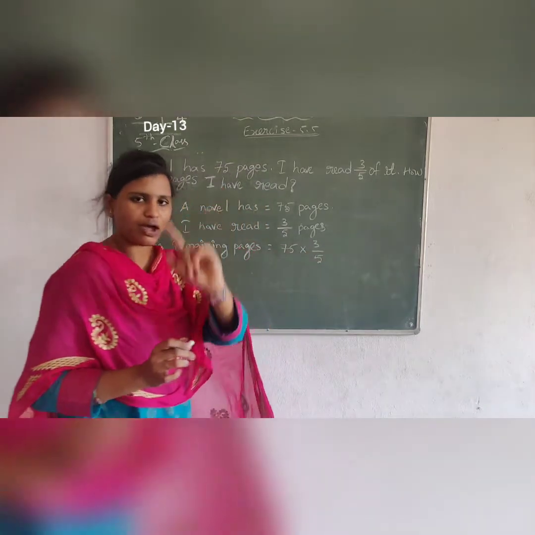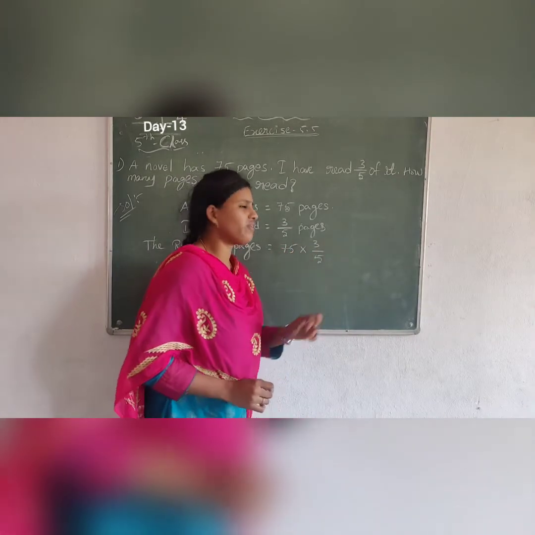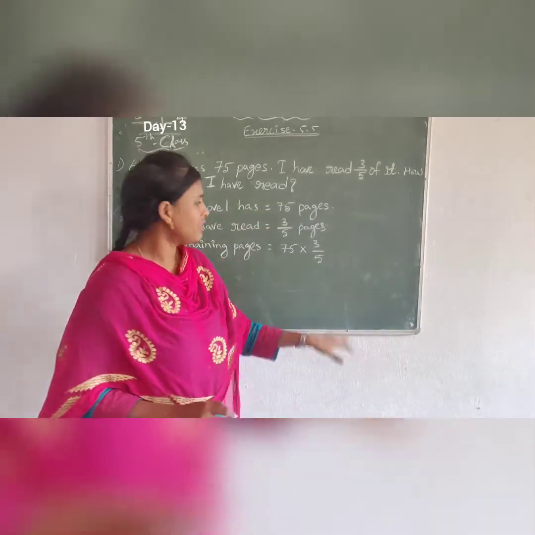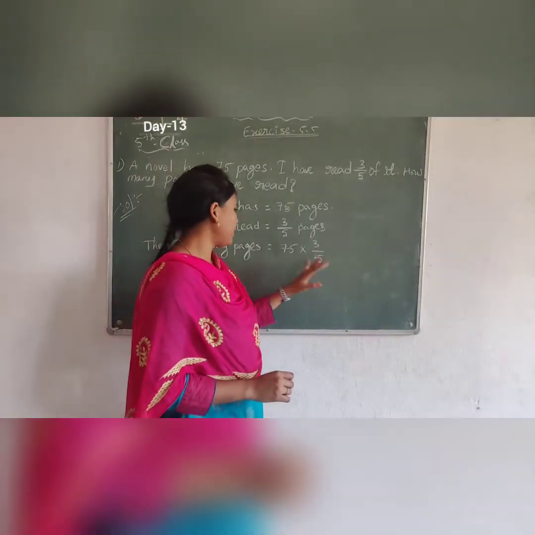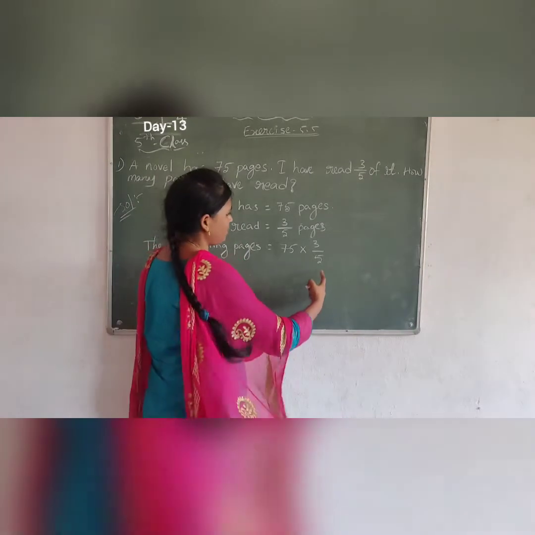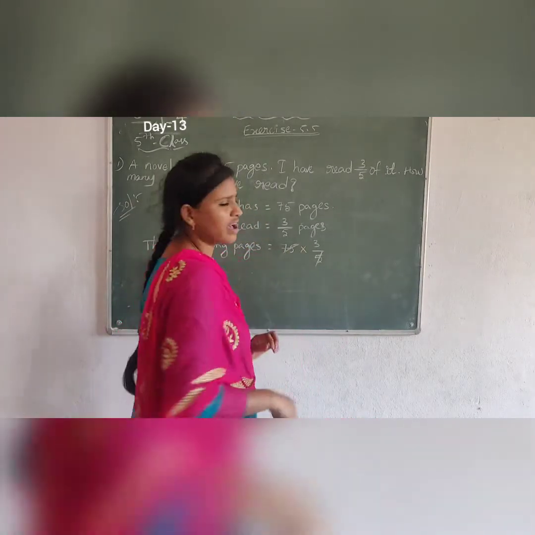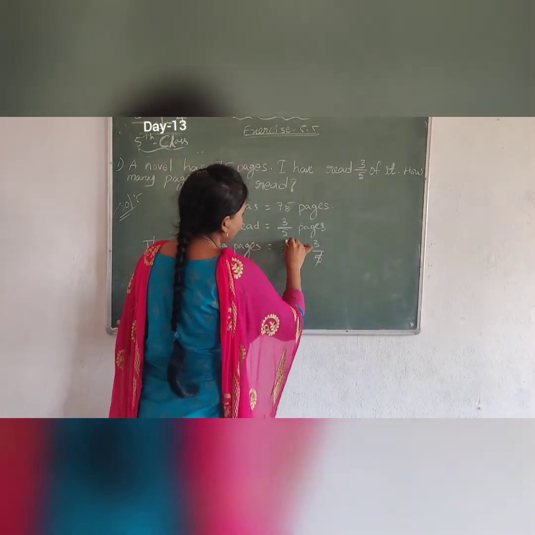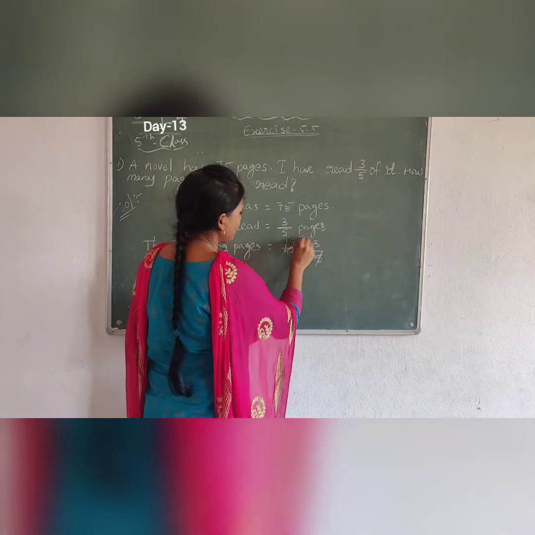I already told you, if you have a whole number times a fraction, you cancel the denominator with the whole number. The denominator is 5, and cancel this 5 in 75. In 7 it cancels one time, the remaining is 25, and this cancels 5 times.